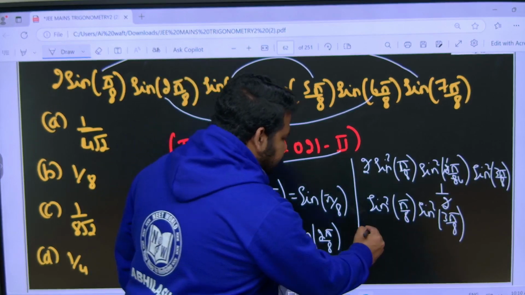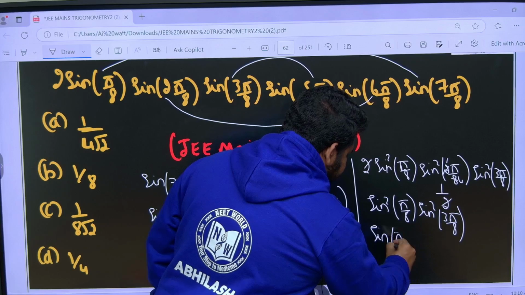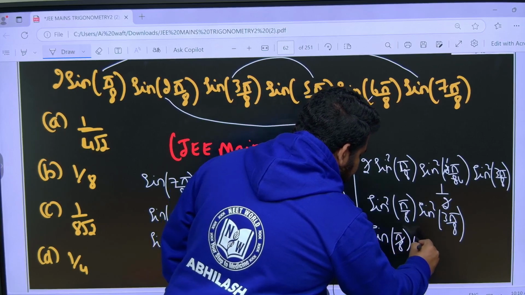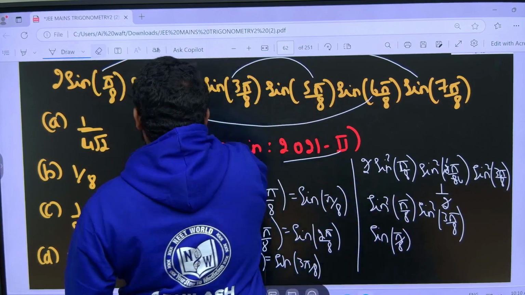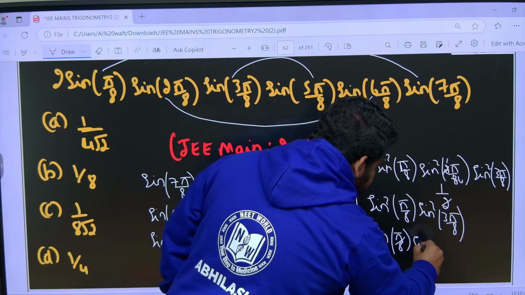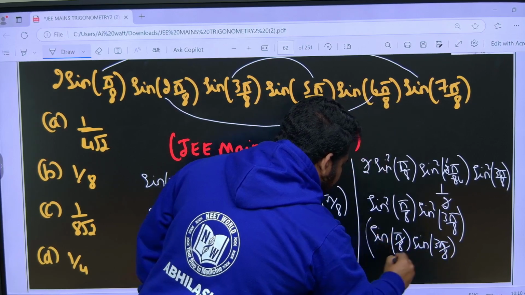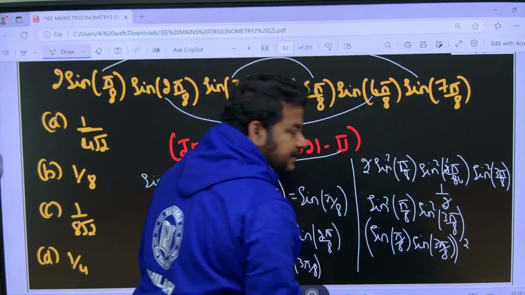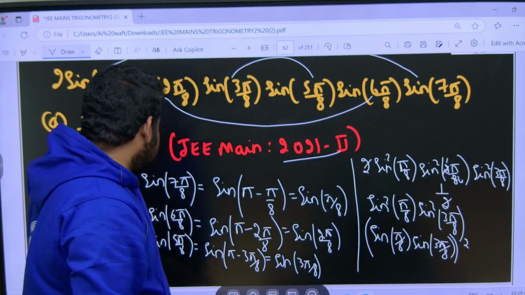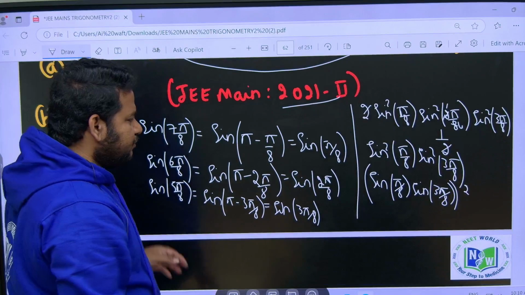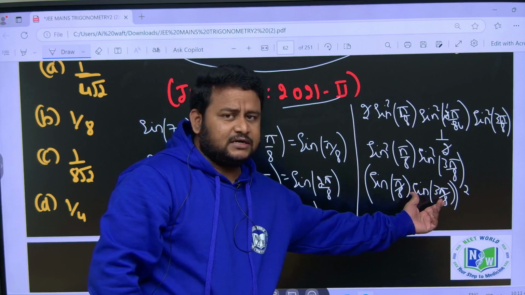First let me write it as a whole square, sin pi by 8 into sin 3 pi by 8, whole square, correct? Now if I have to get sin 2 theta, at least this one I want in terms of cos.